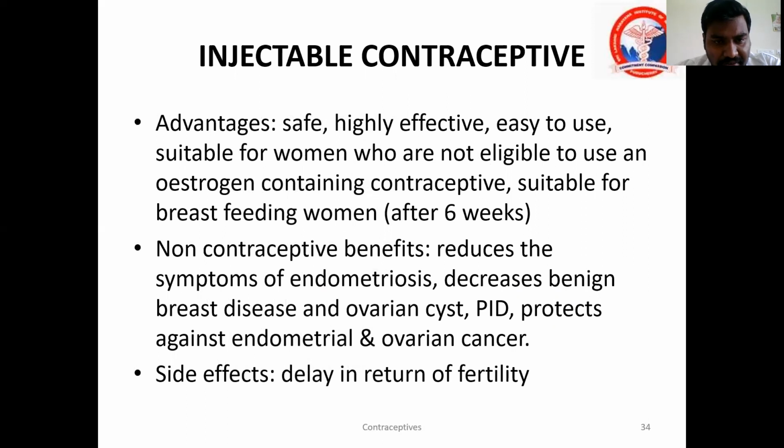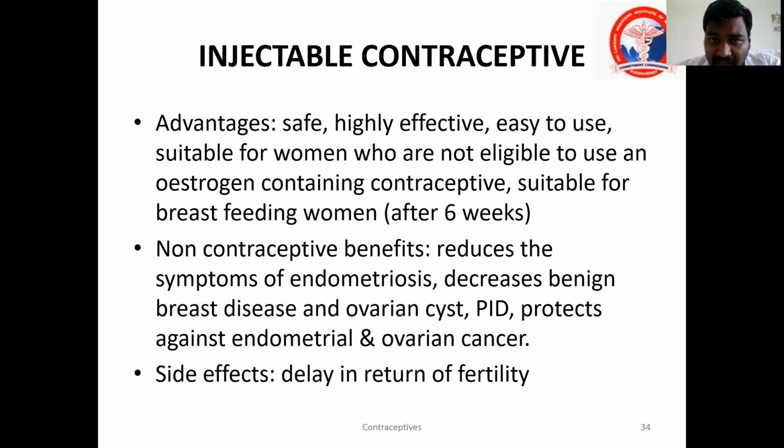It is safe, highly effective, and suitable for women who are not eligible to use estrogen methods. Any estrogen-containing contraceptive is contraindicated, for example if thromboembolic events are common or the liver profile is abnormal, in which case DMPA, this Antara, can be given.